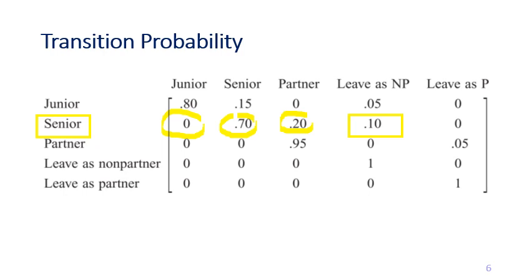You may also leave this firm as an NP. NP here means non-partner. So when you leave this firm, it is divided into 2 statuses. Either you leave as a non-partner, meaning that you have not reached the status of becoming a partner, or you leave the firm as a partner.